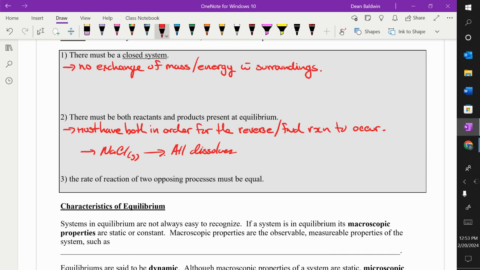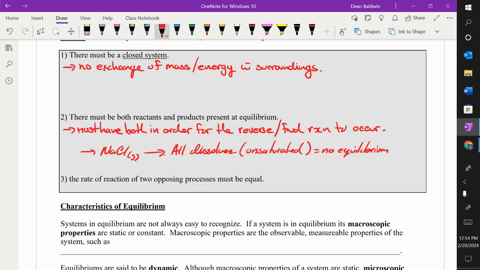No, because you don't have any solid NaCl. Okay, if it all dissolves, in other words, it's unsaturated, there's no equilibrium.